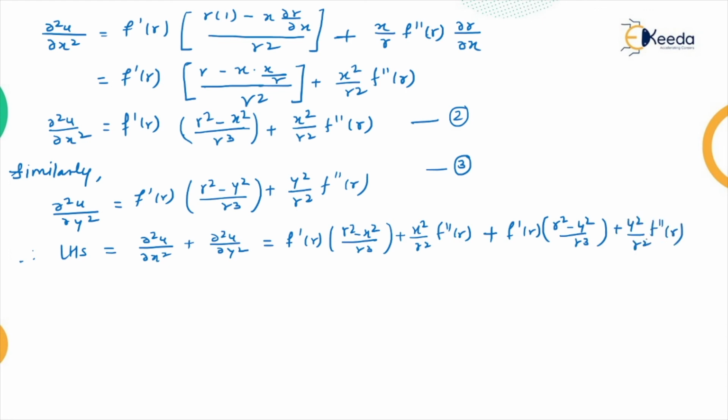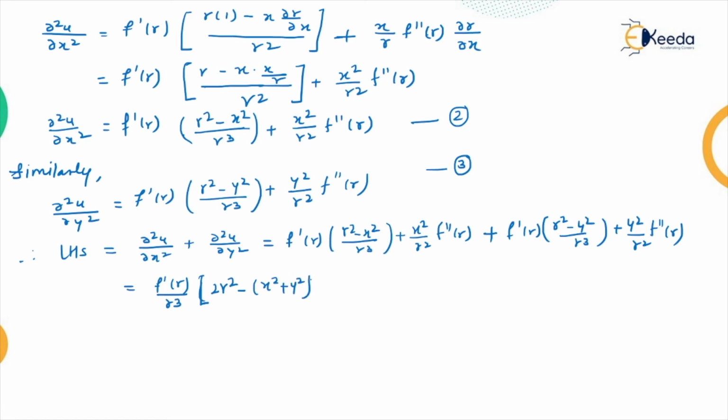So you have to just take the common terms from there. After simplification you will get f dash of r upon r cube. Now the common term, so just simplifying, it will take 2r square, so I am taking inside the bracket 2r square minus (x square plus y square).